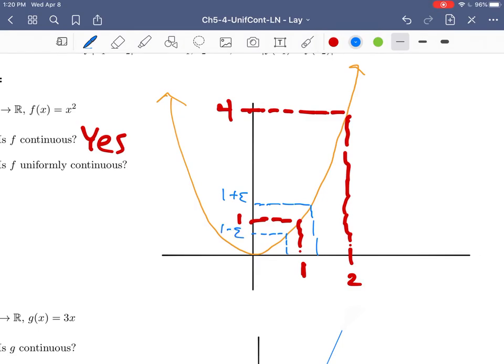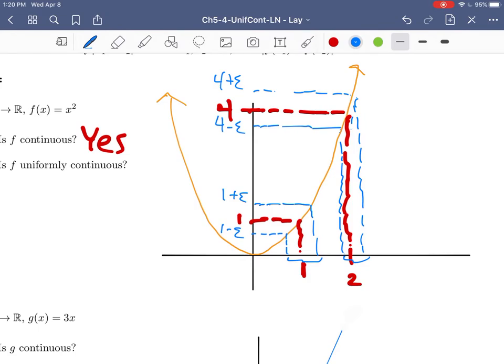If we choose exactly that same choice of epsilon around 4, so we have 4 plus epsilon and 4 minus epsilon, notice that around 1 we have a much wider space of values than we do around that value of 2.